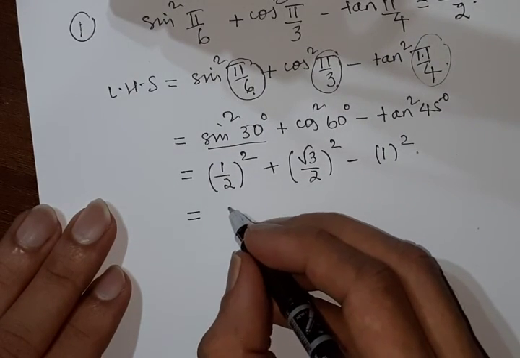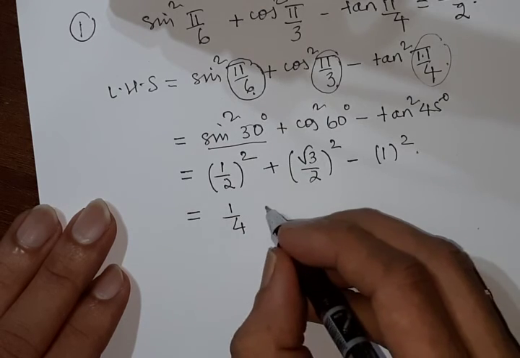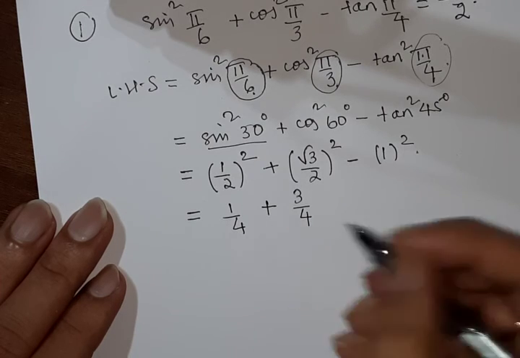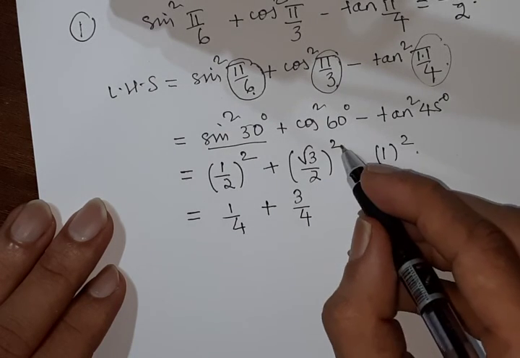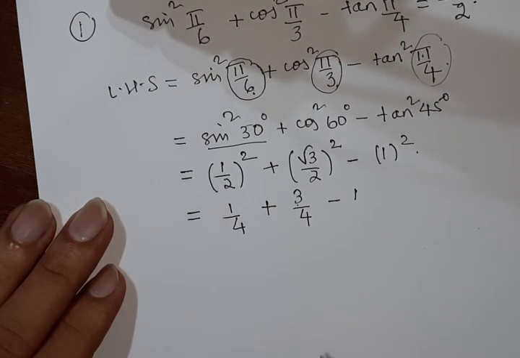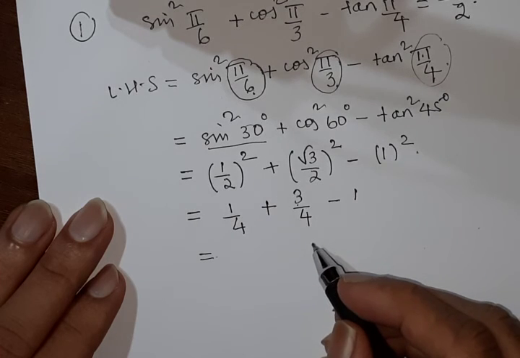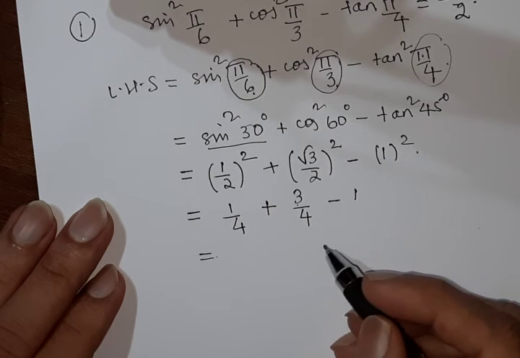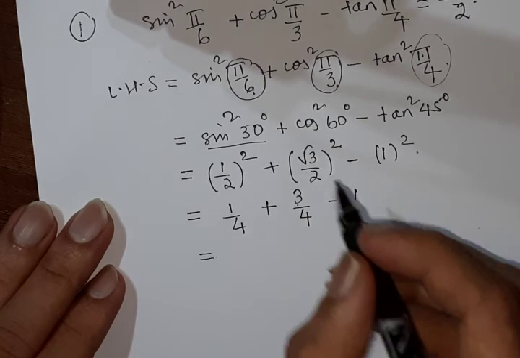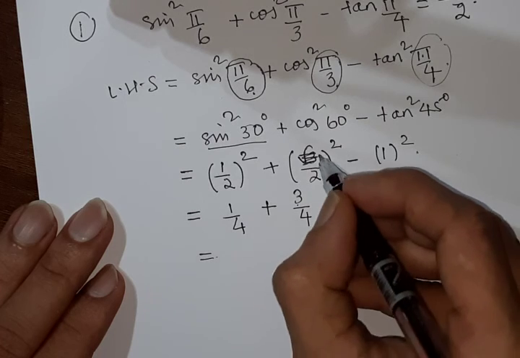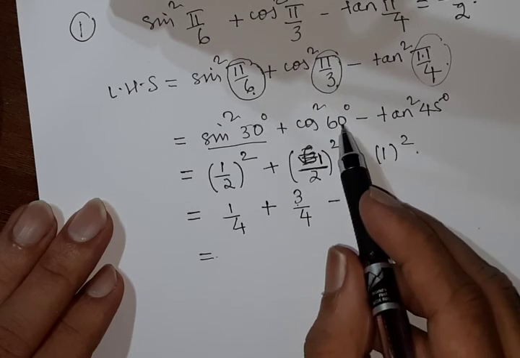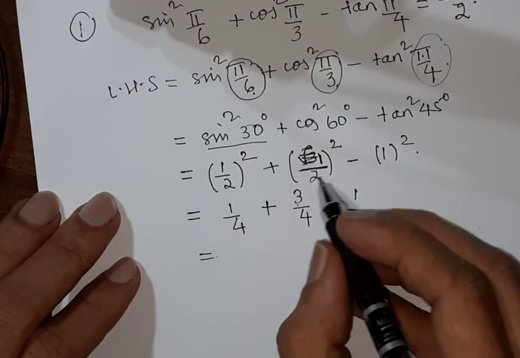So this is equal to 1 by 2 square is 1/4, plus (√3/2)² will be 3/4, minus 1. Oh, cos of 60 is not root 3 by 2, it is half. Cos of 60 degrees is half, not root 3 by 2.